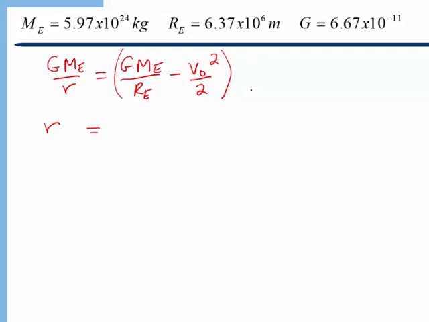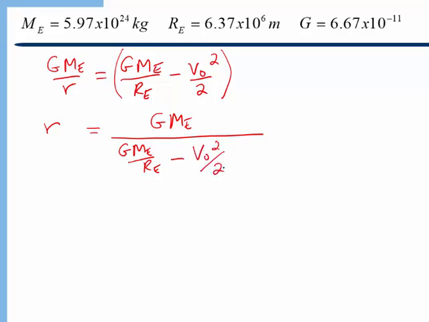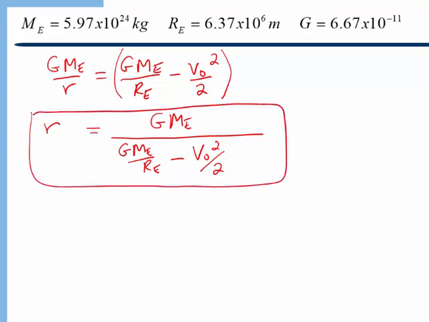And therefore what I end up with is GME over that entire thing, GME over RE minus v naught squared over 2. And that is my algebraic solution for how high the rocket gets. I'll leave it to you to check my math.